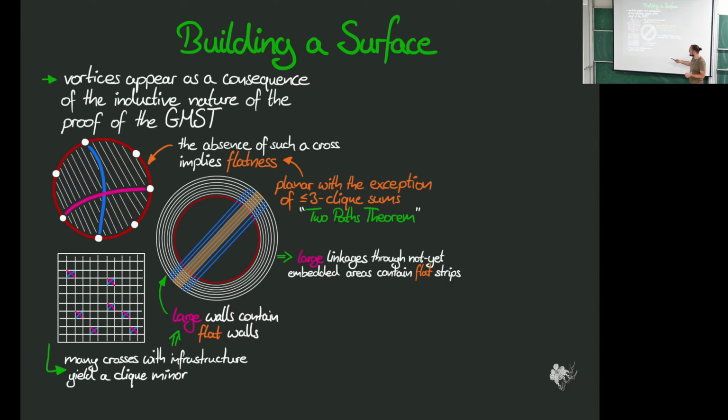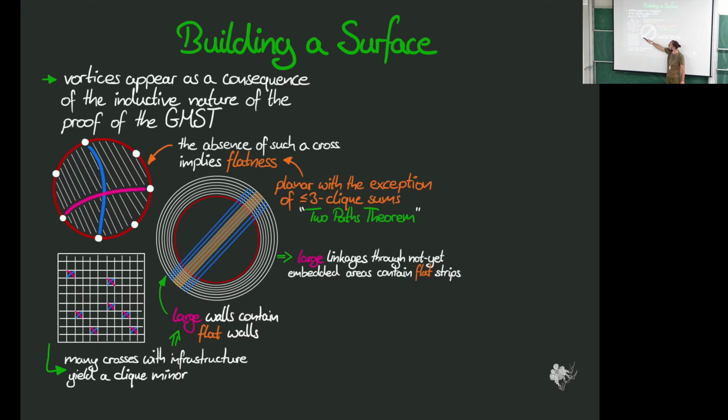And I can use this observation to make counting arguments and say, if in here I find many crossings, I can build a clique minor. So I will not be able to find many crossings in here, meaning just by the large size of it, I find a strip that's again free of all crossings. So I can use the two-path theorem to press down on it and fix it to a surface. That's mainly what I mean when I say flat.